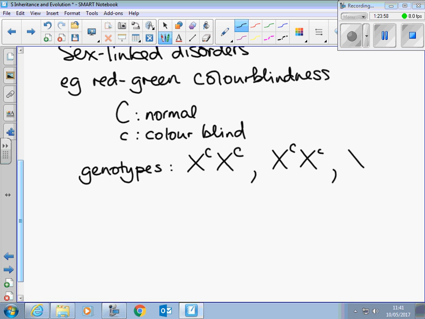The only way you get women with red-green colour blindness is the homozygous recessive like that, which is just much more rare. But of course with men you've only got the option of that or that, because they don't have that gene on the Y chromosome.